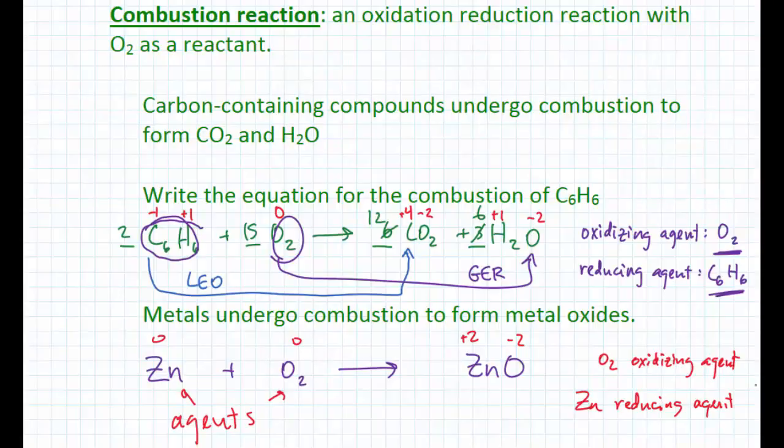So zinc is a common reducing agent for things. It causes other things to become reduced. Oxygen is a common oxidizing agent. It causes other things to become oxidized. When iron rusts, it forms iron oxides because the iron has been oxidized. But oxygen is the oxidizing agent.